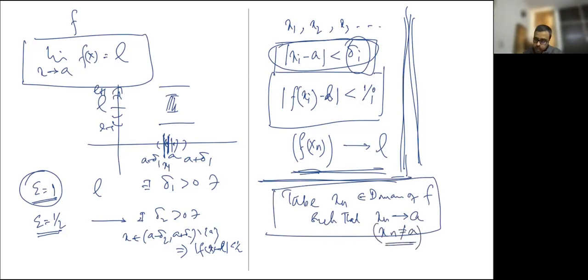Choose one such sequence. We are assuming that f is defined in an open neighborhood containing a, without the point a, or even in the general case, which we are not really talking about, a is a limit point of the domain. So even there, we know that there is a sequence in the domain which would converge to a, whose terms are all different from a. So this is something that we can do. We can look at such a sequence.